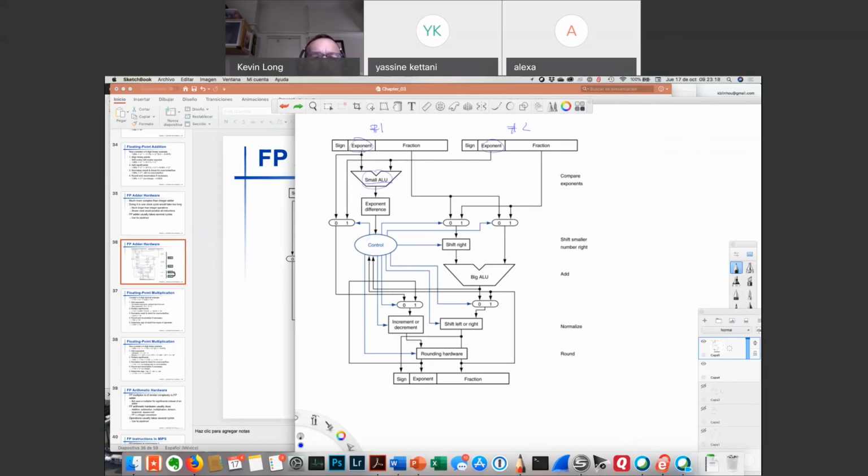It will take a copy of the exponent, which is sent this direction, as you can see, and the other one as well. And let me erase a little bit so I can switch my drawing tool to something that's yellow.